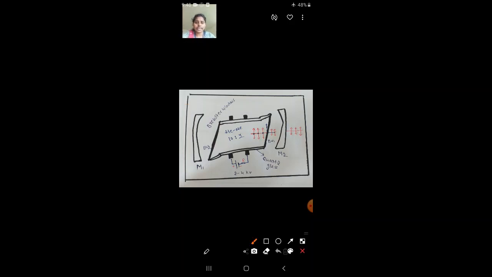And again, this active medium is surrounded by two mirrors. This is the M1 mirror and this is the M2 mirror.